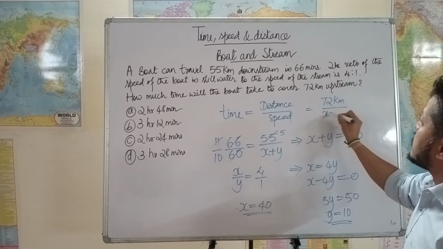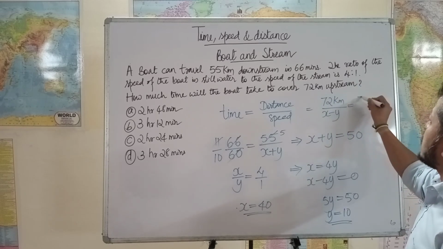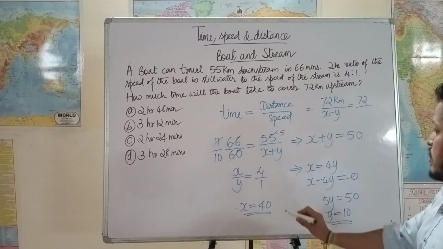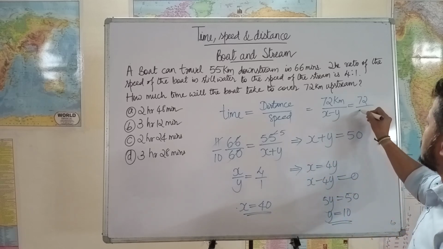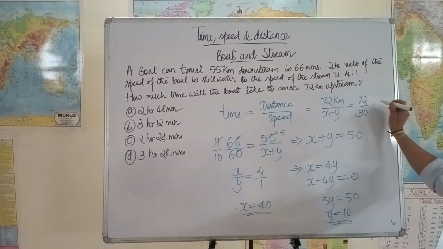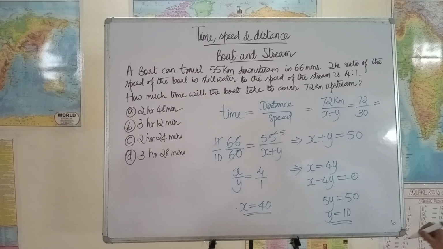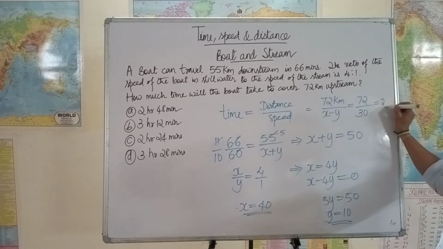So x minus y is equal to 72 divided by x, which is 40, minus 10, which is 30. 30 twos are 60, so 2 hours, and the remaining is 12, right? So 12 divided by 30.